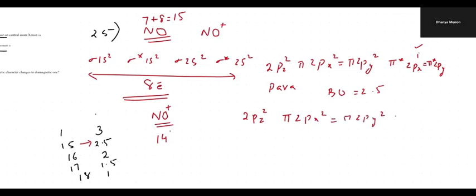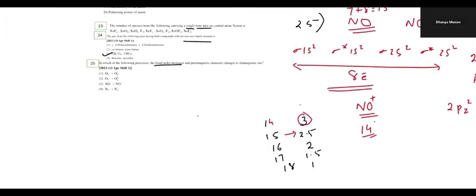So this is diamagnetic. And from paramagnetic, it is increasing to diamagnetic, and the bond order for 14 electrons is 3. So both the conditions are satisfied. So our answer is the third one, NO to NO plus.